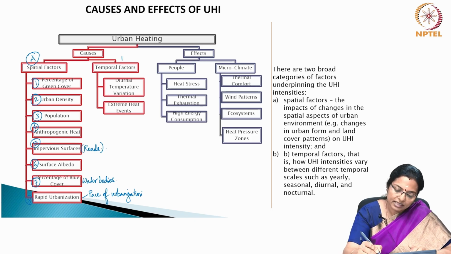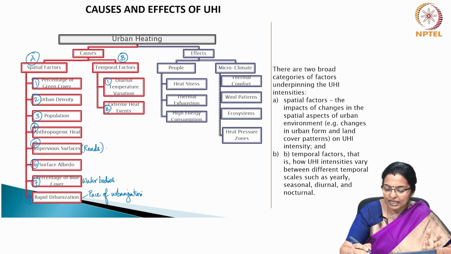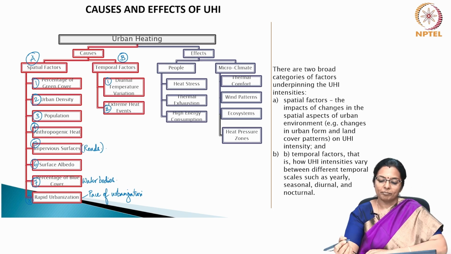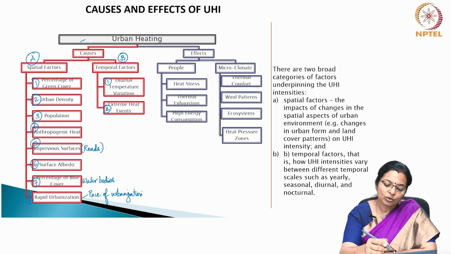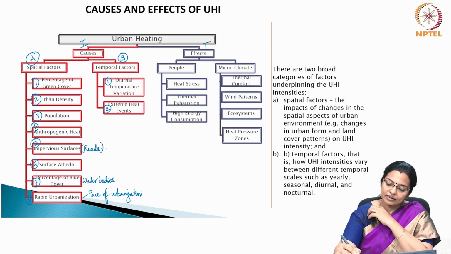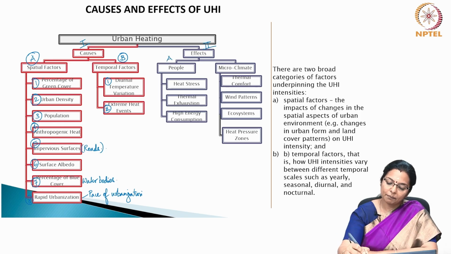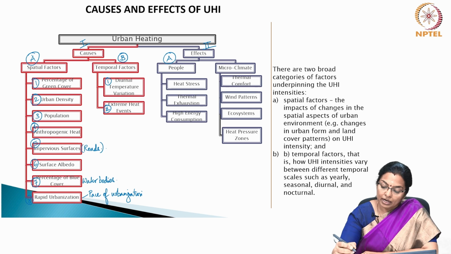Temporal factors include diurnal temperature variation and extreme weather events. It could be the heat events. Whom does it affect or how does it affect? So this can affect people, causing heat stress.